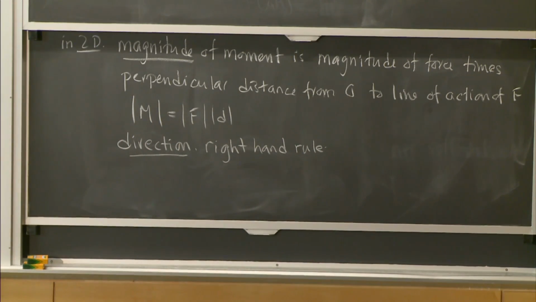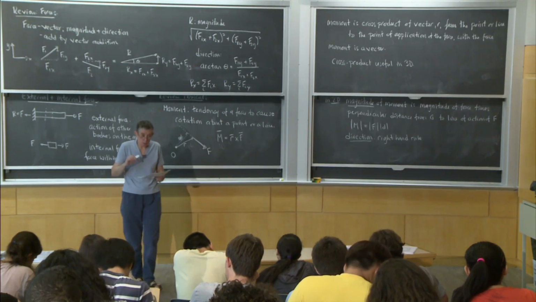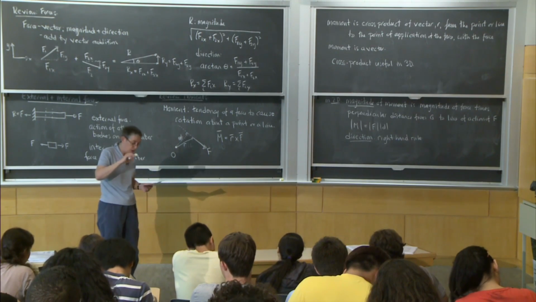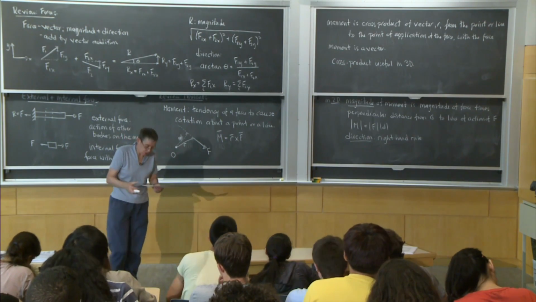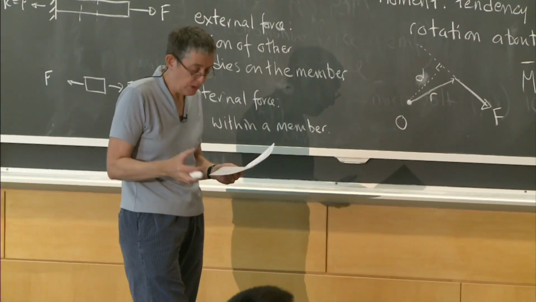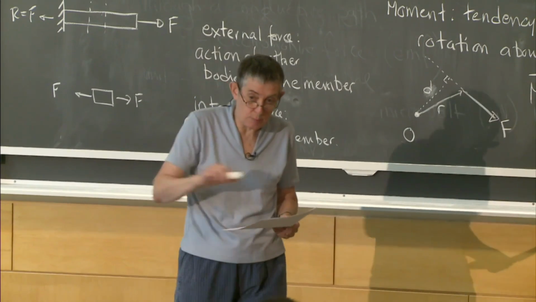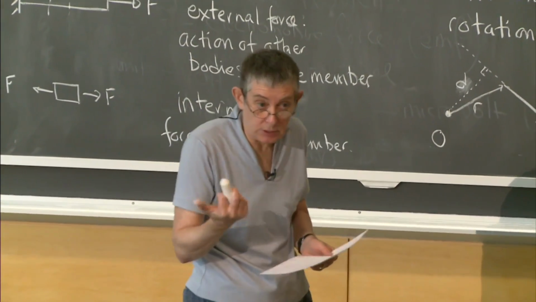So do you remember the right-hand rule? You put your thumb on the point O that the rotation is about. You curl your fingers in the sense of the rotation. You can have different conventions, but the convention I use is if your thumb points in, it's negative, and if your thumb points out, it's positive.